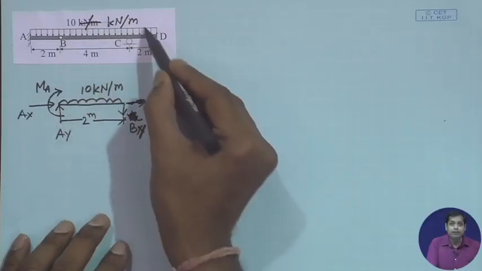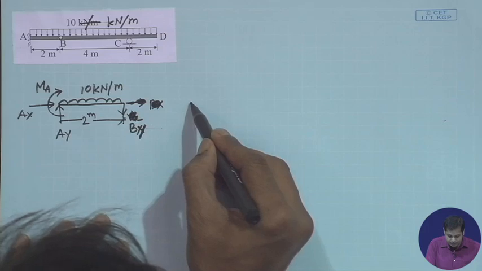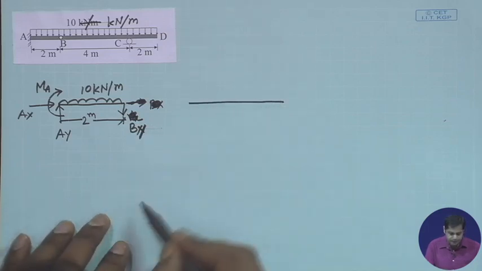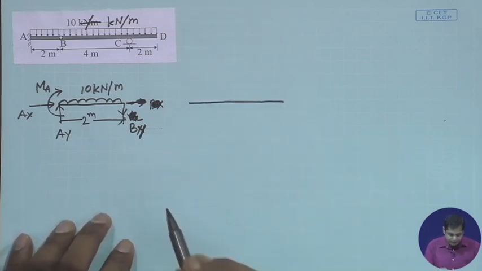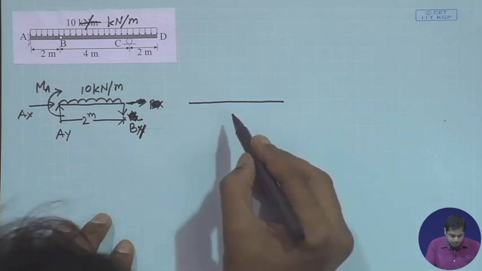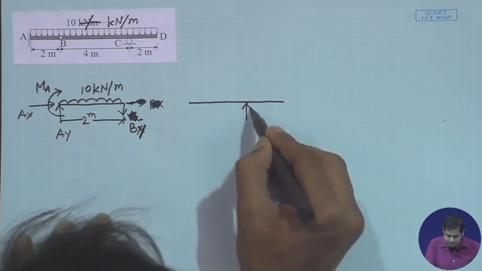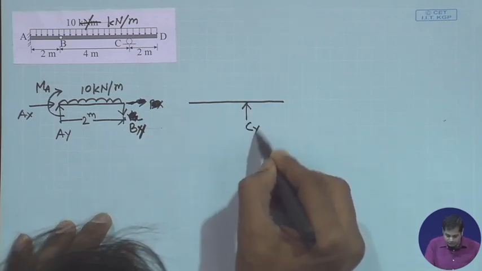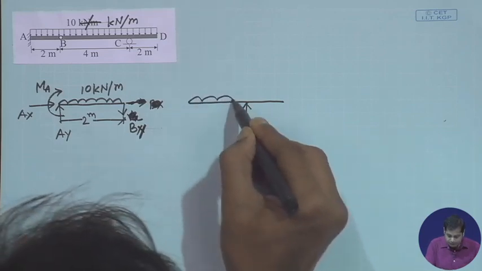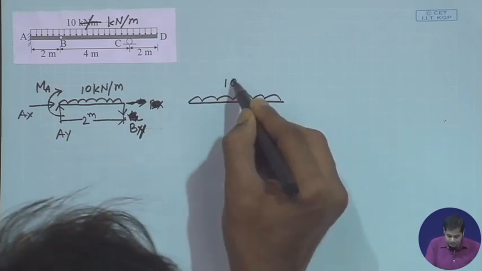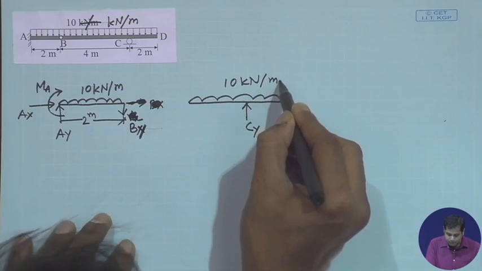Now if I draw the free body diagram of the other part, it will be this. At C there will be a vertical component, which is Cy, then the uniformly distributed load, which is 10 kilonewton per meter.